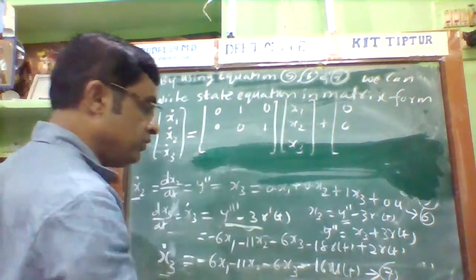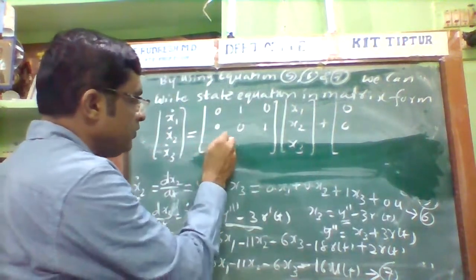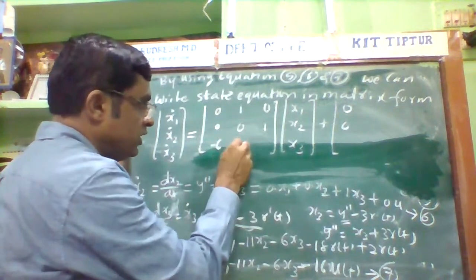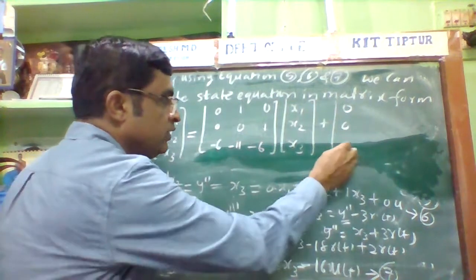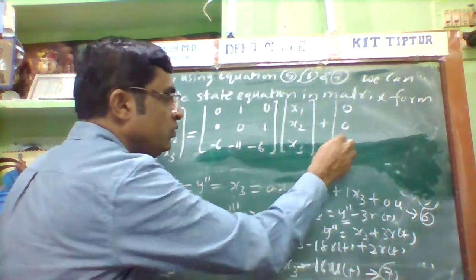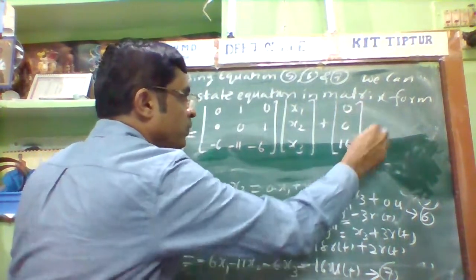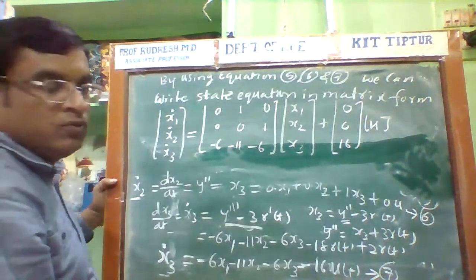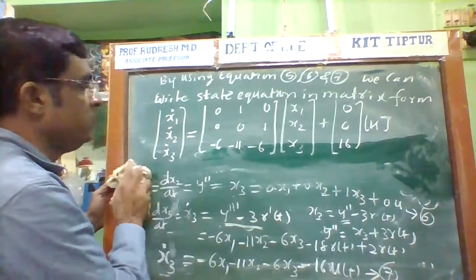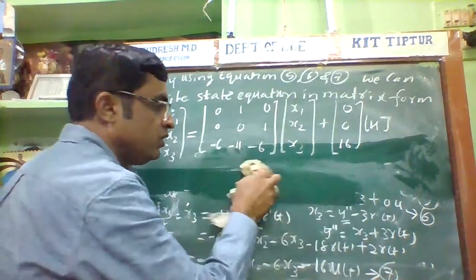Now similarly from equation 7, what will be the value? Minus 6, minus 11, minus 6, and again here 16 u, the input vector. So now this is the state equation in matrix form.